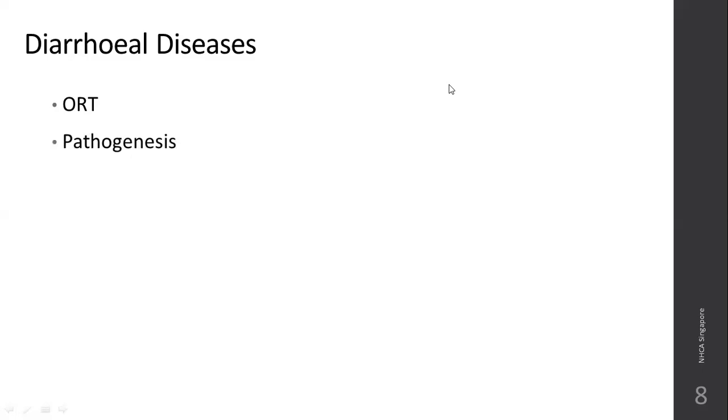In pathogenesis, chronic or acute diarrhea will lead to fluid and electrolyte imbalance, and protein energy malnutrition as well. In osmotic and secretory diarrhea, which are the watery diarrheas, osmotic regulation of the body will also be affected. Digestion and absorption will also be reduced during osmotic diarrhea.